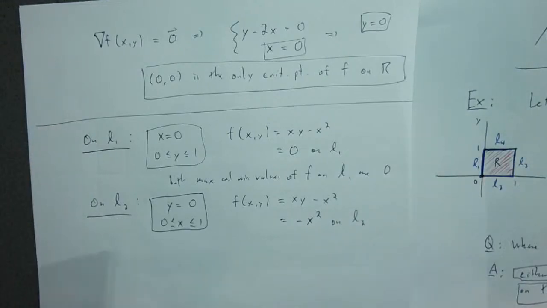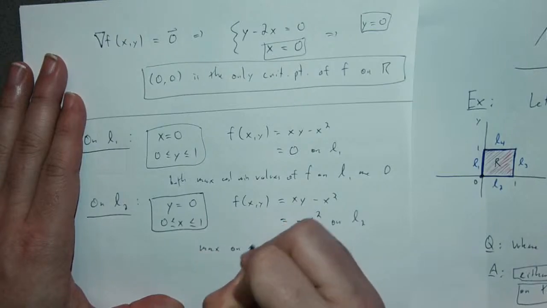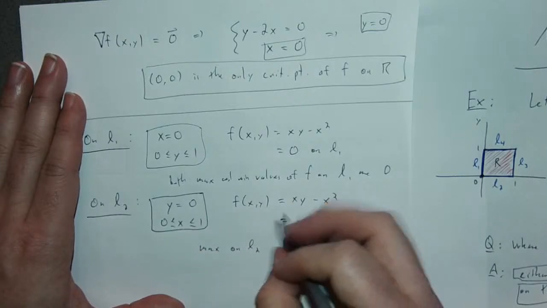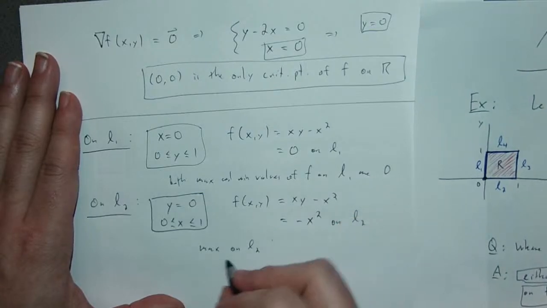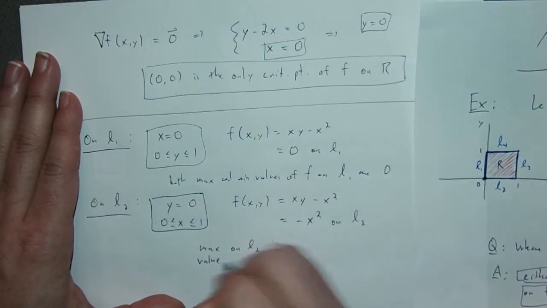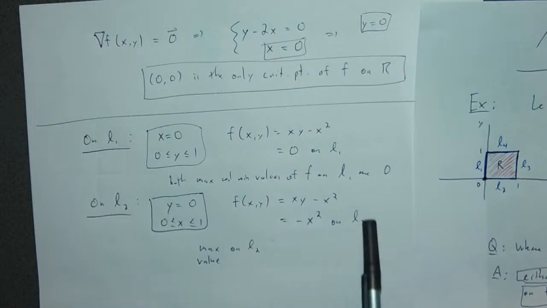As x varies from 0 to 1, what is the largest value of f on L2? Maybe I should say max value so that we're actually comparing the values. Where's the maximum for f on L2 going to happen? Well, this is minus x squared. This is always negative except when x is 0. So the largest value this can attain happens at x equals 0, and it's 0.